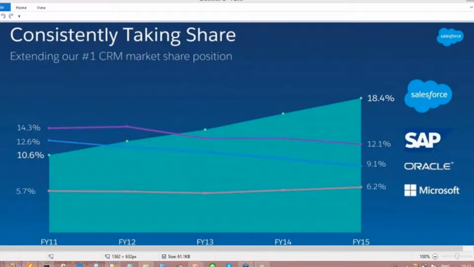Gartner recently released one survey which shows in a fantastic manner how Salesforce is making a change in the market. For example, let's talk about SAP, the major and strongest competitor to Salesforce. They started well, but now they are regularly coming down and down. SAP is losing the market in the CRM domain.